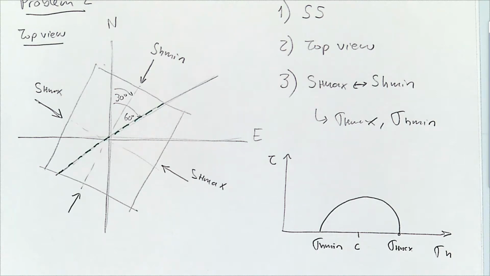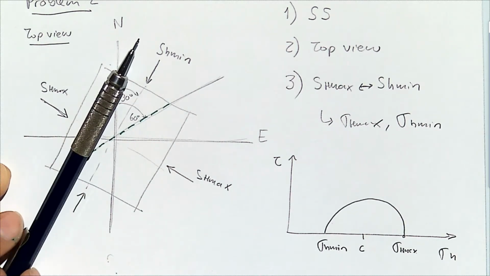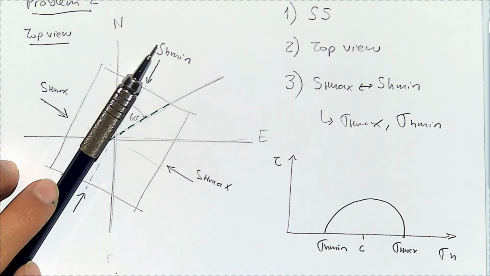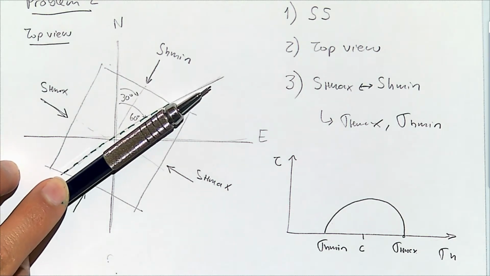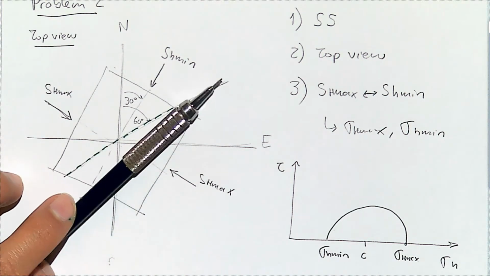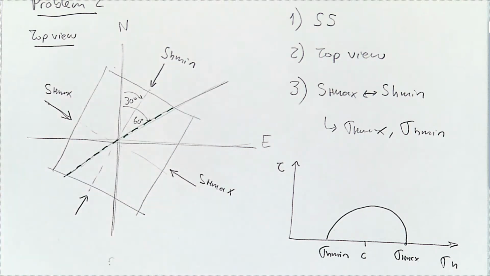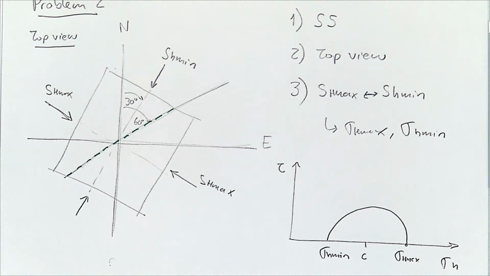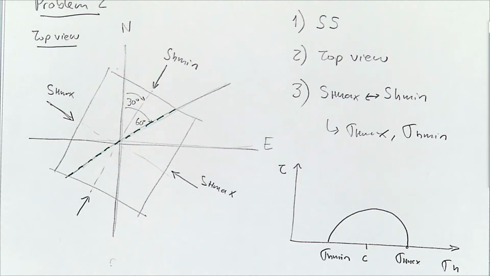60. I need to go from this plane towards that plane. That's the angle. Or, which is the same, from this one towards that one. It is 30 degrees. And how do I know that?